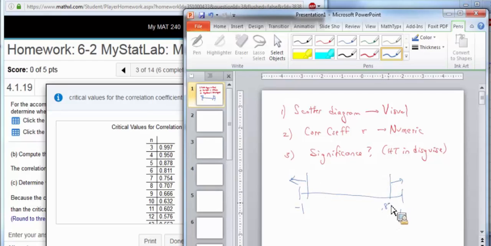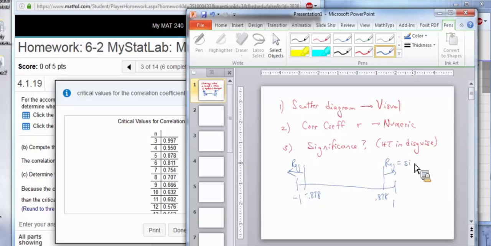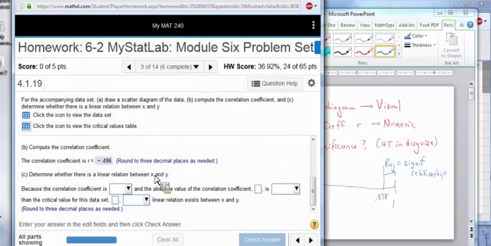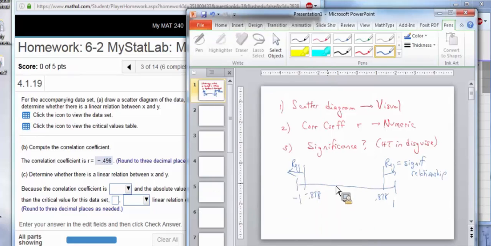So positive 0.878 and higher, minus 0.878 and lower. Those are the rejects. Reject means significant relationship. So here, our correlation was around -0.5. So our correlation was here. It's in the do not reject region.